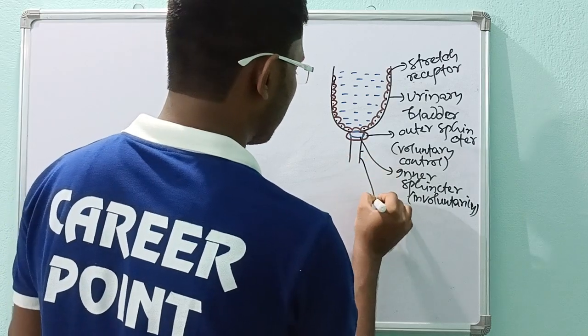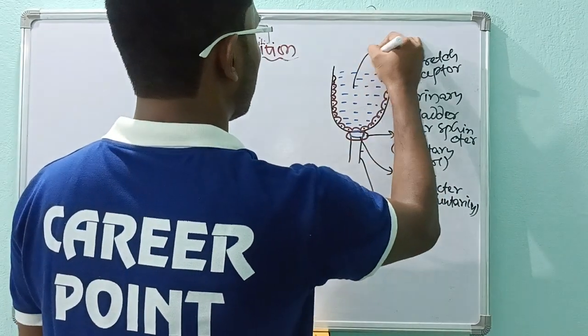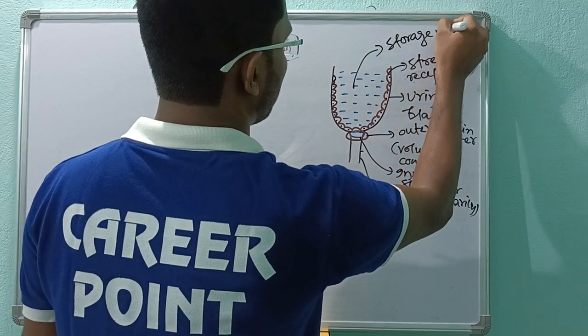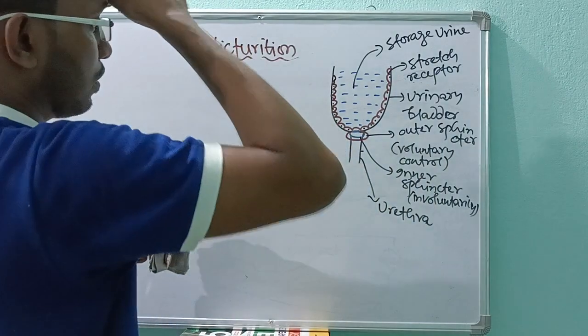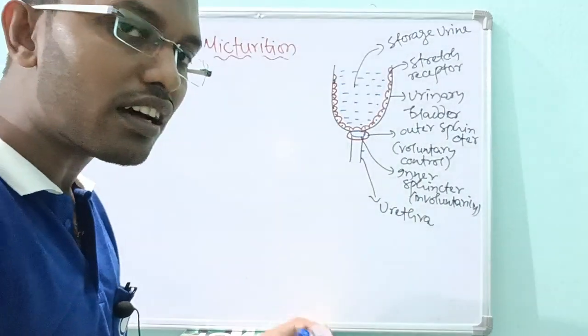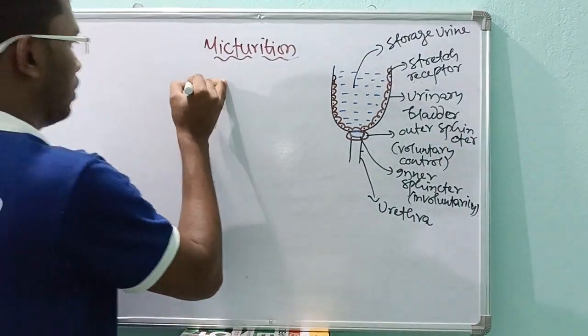And this is the urethra. This is the stored urine. So let's see the mechanism, how it is controlled and regulated through the nervous system. So let's see.